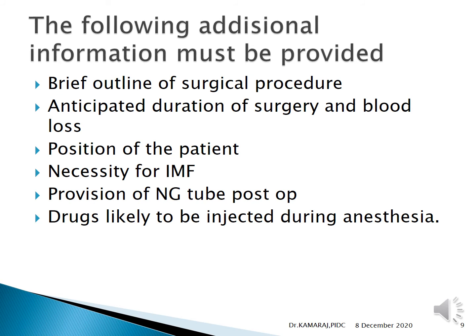The duration is more important because the patient has to be given a muscle relaxant which works for a certain period of time. So if you tell them the duration, the anesthetist plans a muscle relaxant for that particular period, so that the recovery will be faster when you finish the surgery. So it has to be simultaneous.